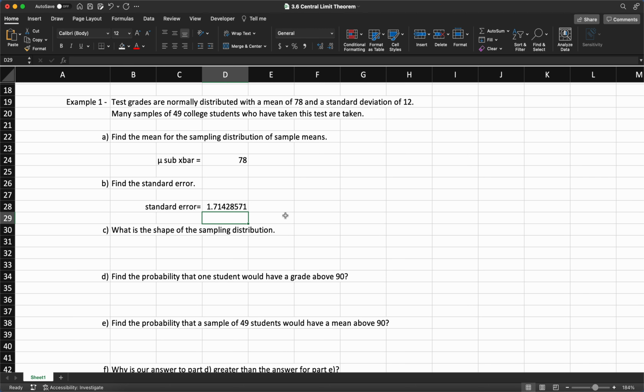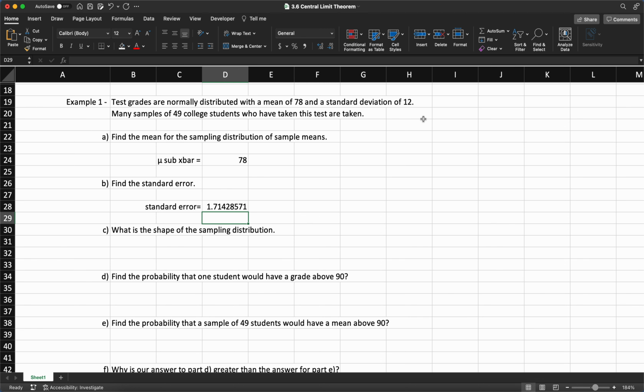Okay? Notice that the standard error, the standard deviation of all the sample means, is much smaller than the actual standard deviation of the population. That's again because I'm taking a whole group of people who have taken this test and I'm averaging their scores. There's going to be some people that did poorly, there's going to be some people that did well, and there's going to be some people in the middle.